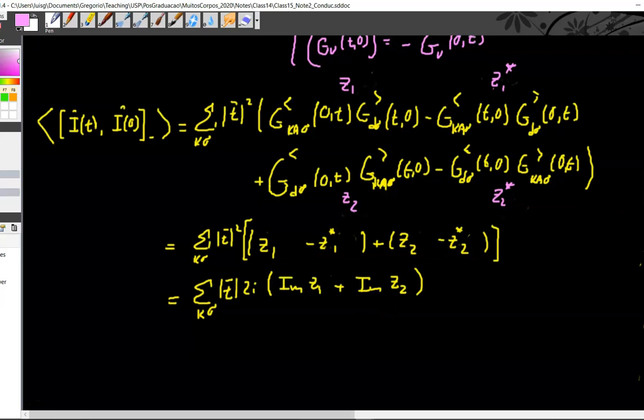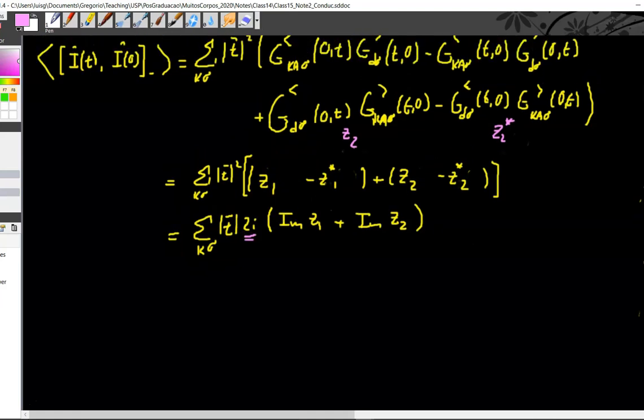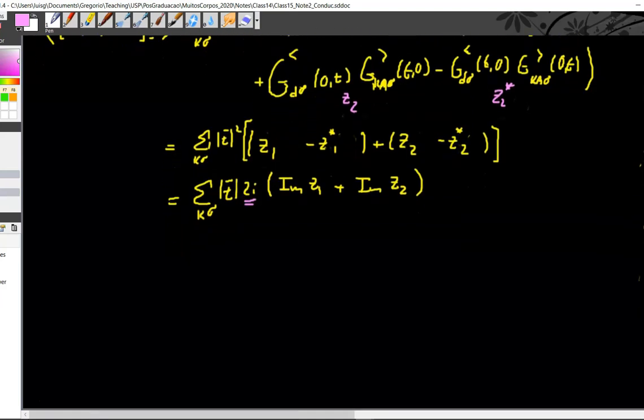If I continue now, this is a purely imaginary number. That's the whole point here. And let's put this into the integral and try to take the Fourier transform and see what we get now.